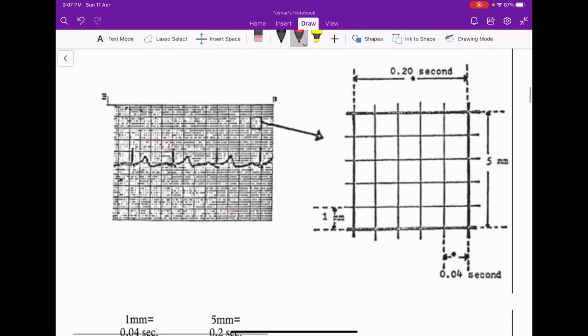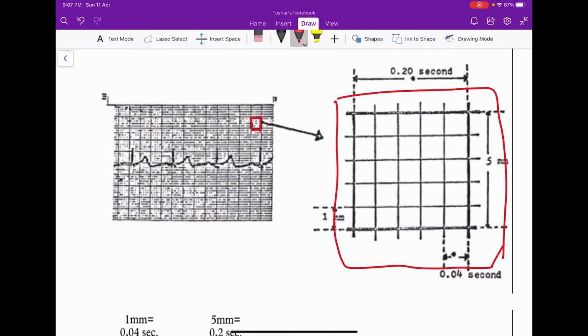Coming to the graph paper of an ECG, I'll first explain how the graph looks. This is basically a graph paper of an ECG. The 5 millimeters of this graph paper is depicted over here. Let me explain what this graph paper is about and how you measure the graph.